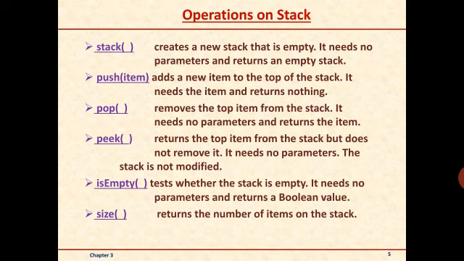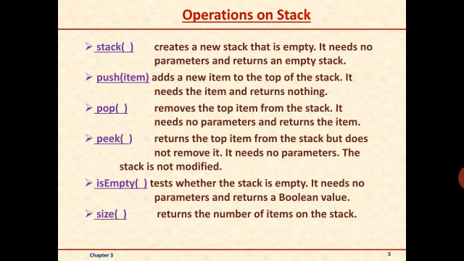Next operation is peek. Peek means it gives the top item of the stack. See, there is a difference between pop and peek. Pop means it is going to completely remove the item from a stack, but peek means it only gives the top item of the stack. It will not remove it from a stack, and hence the stack is not modified here.